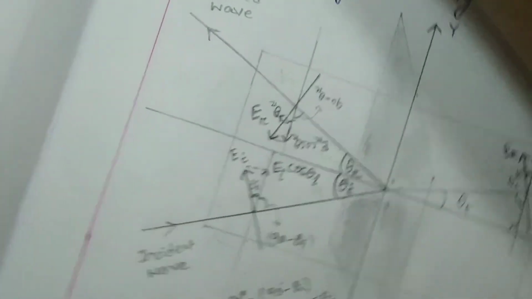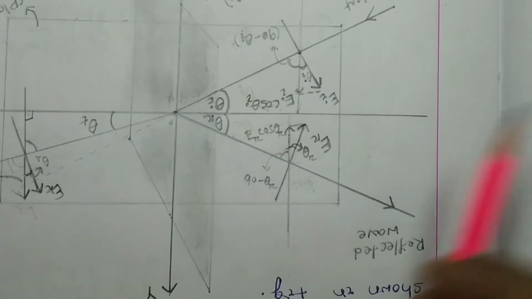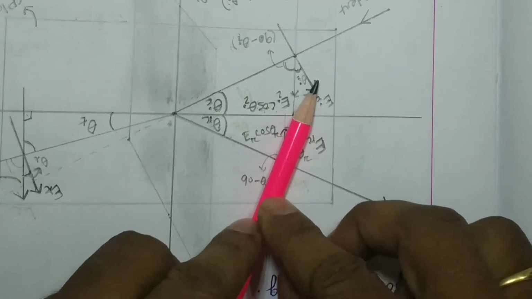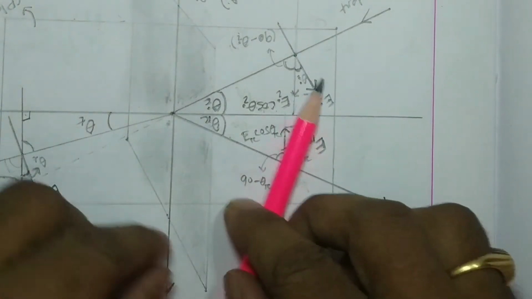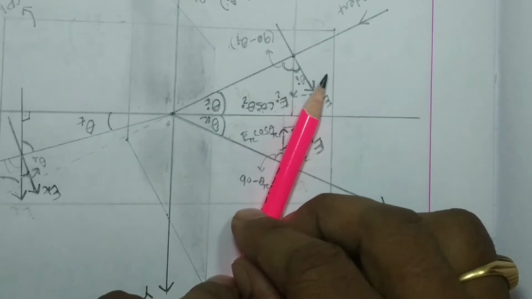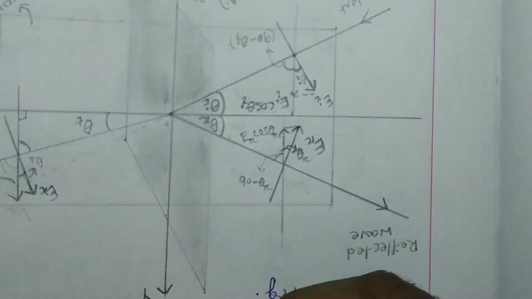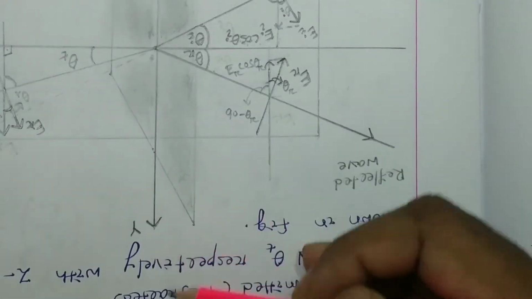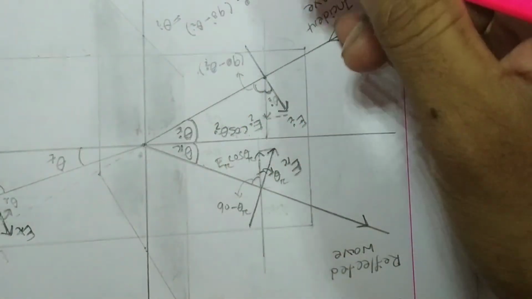I am going to rotate it. Okay, you see, this is your reflected one. Reflected one means this is your ER component after reflection. See, this side is your positive y-axis. I rotated my note. This is your positive y-axis direction and this is your negative y-axis direction.